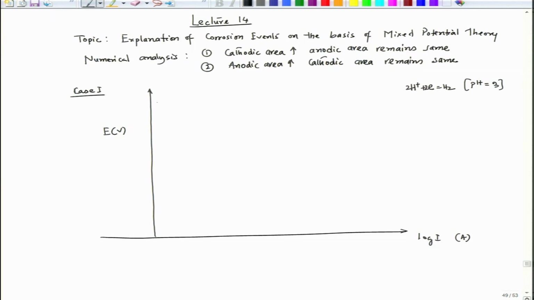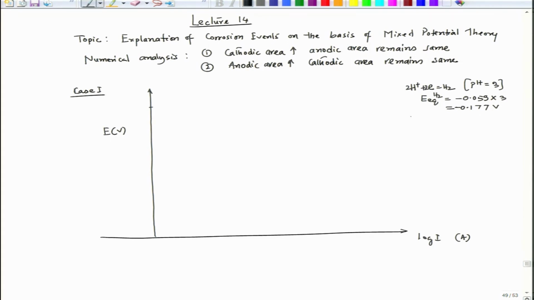So if pH is 3, E equilibrium hydrogen equals minus 0.059 into pH, and pH is 3, so multiplying by 3 it becomes minus 0.177 volt. Our consideration is that the pressure of hydrogen remains 1 atmosphere.